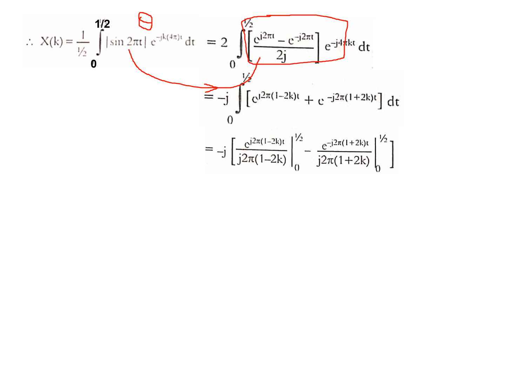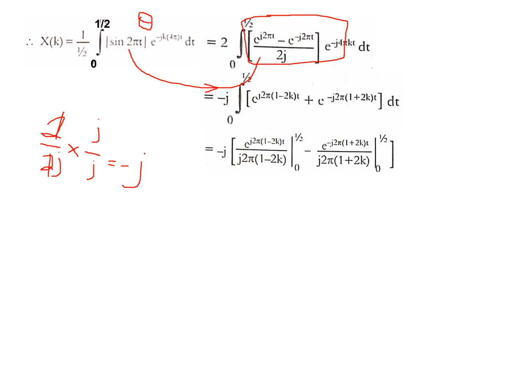When you take 2j outside, 2 by 2j, they can keep it like this, or to simplify further, you can multiply both numerator and denominator by j. You can do that always. When you do that, 2 cancels, and j into j is minus 1. So this becomes minus j. Therefore when I take 2j outside, 2 by 2j is minus j. 2 cancels, so that's why minus j comes here.